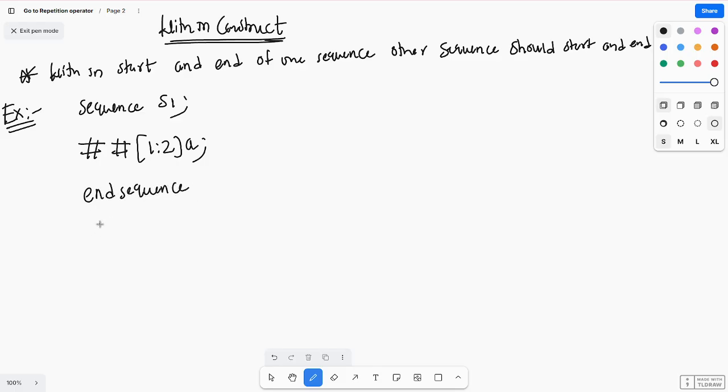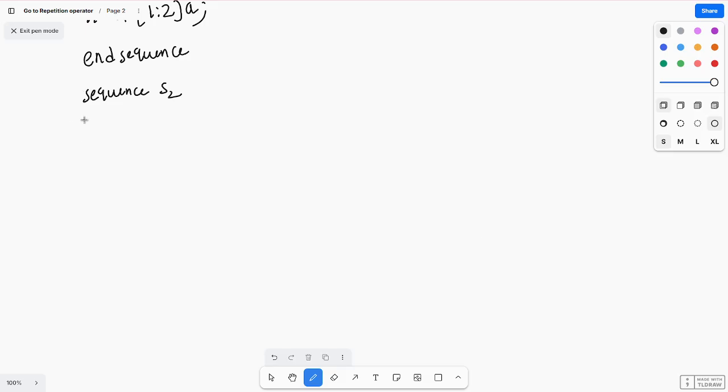And I'm writing one more sequence S2: b, hash delay with range 3 to 5. End sequence.